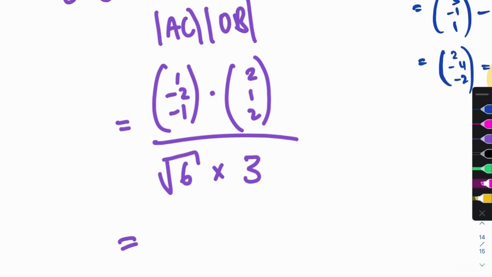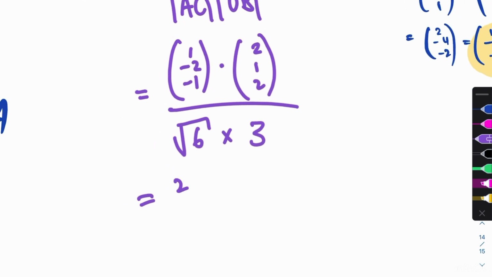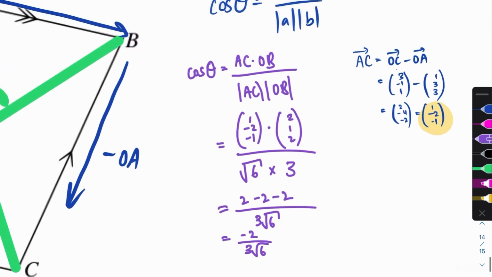The dot product is going to be 1 times 2 plus minus 2 times 1 plus minus 1 times 2. So that's how you do the dot product. Okay. So 1 times 2 is 2, plus minus 2, over 3 root 6. So this is just minus 2 over 3 root 6.